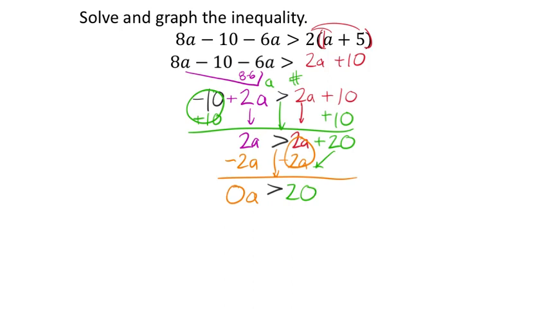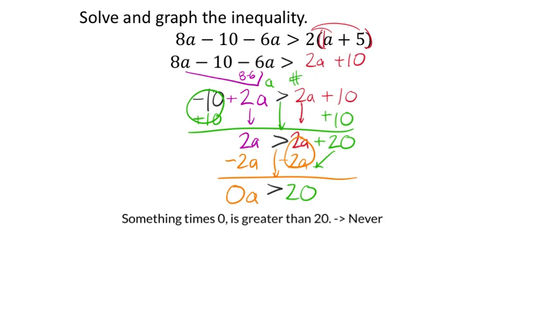So at this point, you could say, you know what, I'm going to divide both sides by 0, but I don't necessarily want to do that. What we're showing here is that something times 0 is greater than 20.